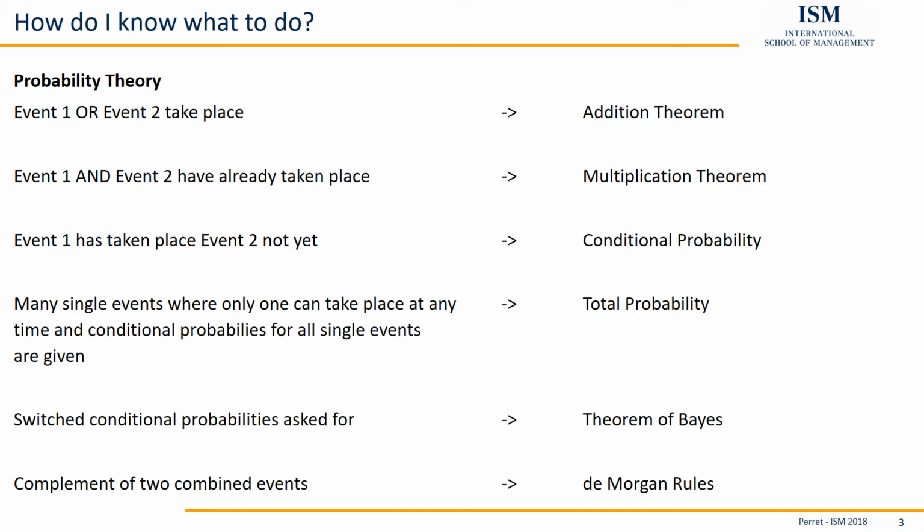That can, in some cases, be simplified by using the De Morgan rules. However, that's not so often the case as the other ones before. But if something like this occurs, that's a neat way to make it a bit easier, a bit shorter. Okay, so that then finally was everything on probability theory.